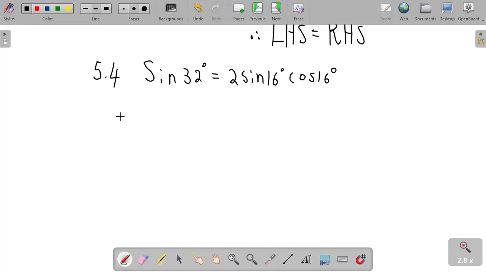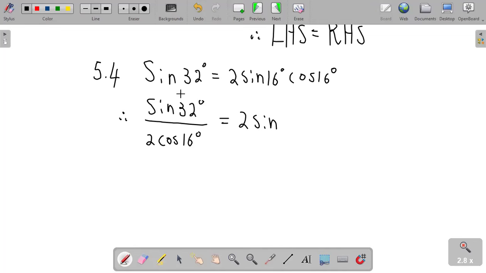So if we want sine 16, then we're going to say sine 32 degrees divided by 2 cos 16 degrees equals sine 16 degrees.